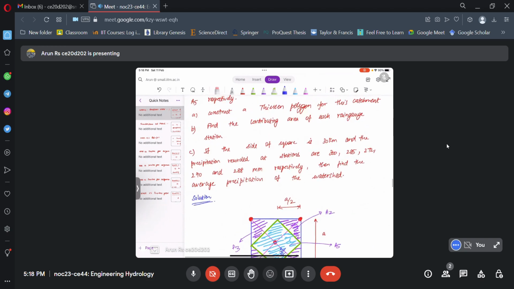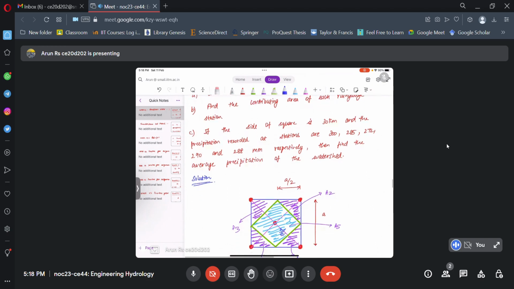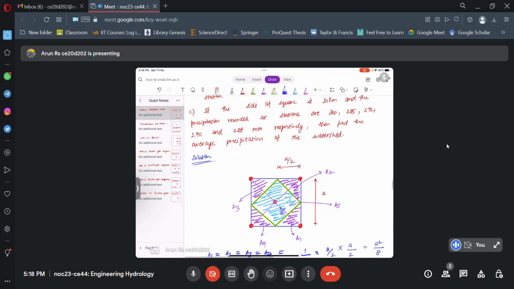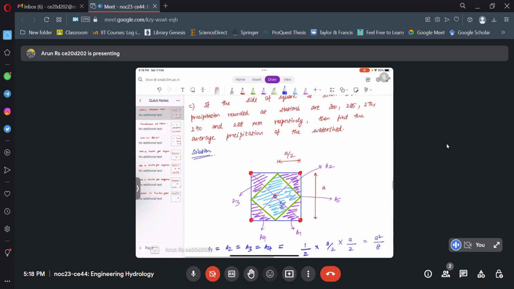So the next part of the question is, if the side of the square is 30 km and the precipitation recorded at the stations are 300, 285, 272, 290 and 288, then find the average precipitation of the watershed. So here we have P1, P2, P3, P4 and inside we have P5.